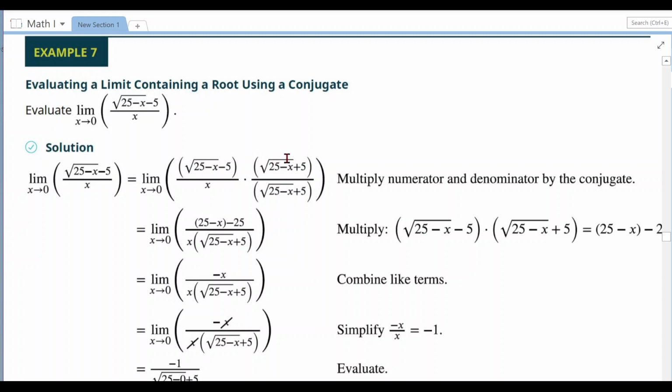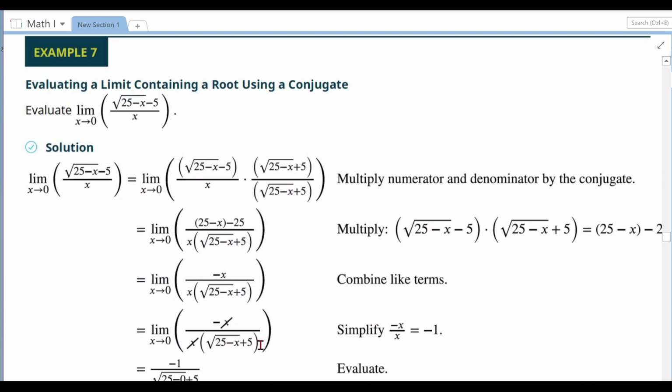We cancel out the square roots, so you only have 25 minus x minus 25 this time. On the other hand, in the bottom part you have x multiplied by square root of 25 minus x plus 5. Maintain that. On the numerator we have minus x on the top and x in the denominator, so we can cancel these two x, and become negative 1 over square root of 25 minus x plus 5.